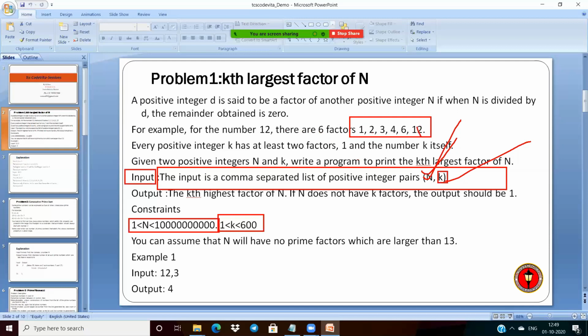The largest first factor is 12, then the second, third, fourth, fifth, sixth. But if I try to get the 10th factor, is it possible? Not possible, since it has only 6 factors. In that scenario, if there is no such factor available for the number, it will return some other output.